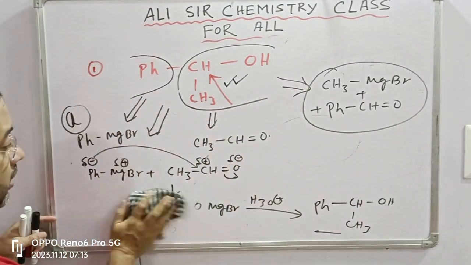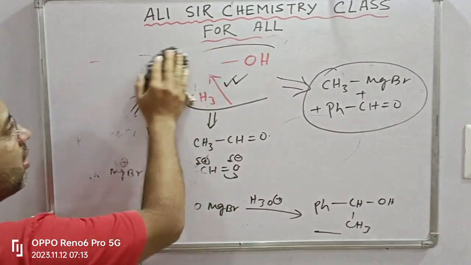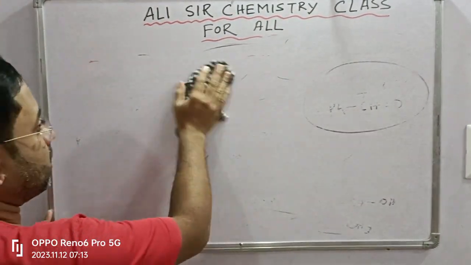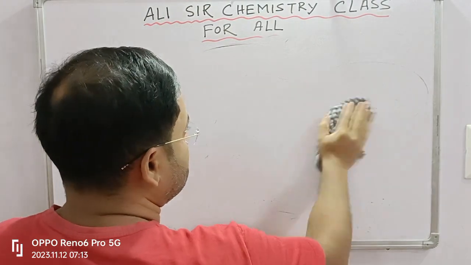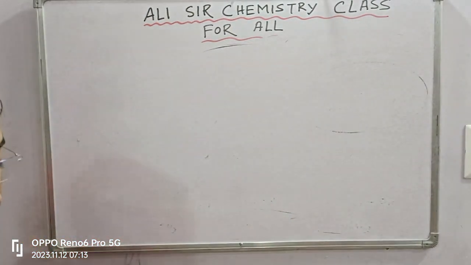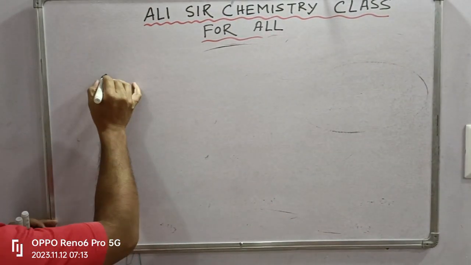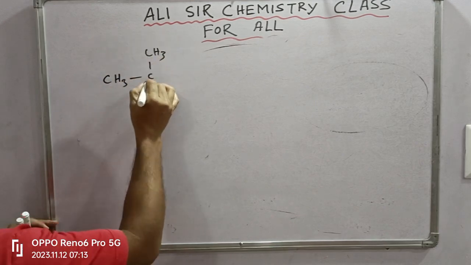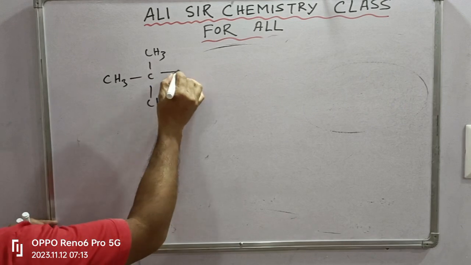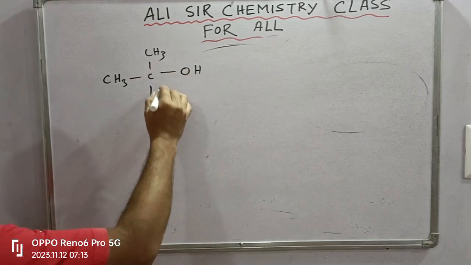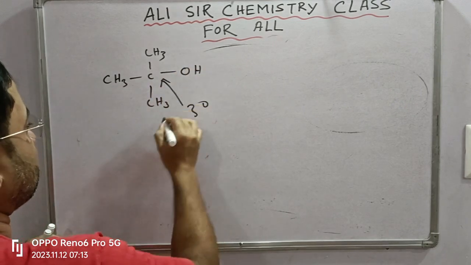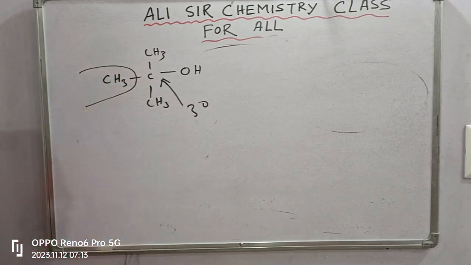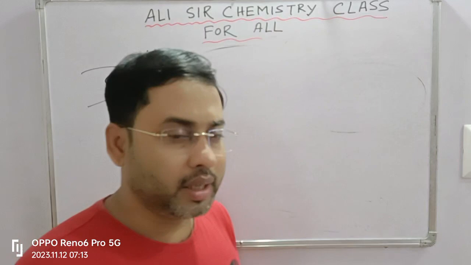Now I am moving to another example. Say, we have tertiary butyl alcohol. This is a symmetrical 3-degree alcohol, where the alkyl groups are CH3 and this carbon is 3-degree. All three alkyl groups are the same, so you can cut any group from here.